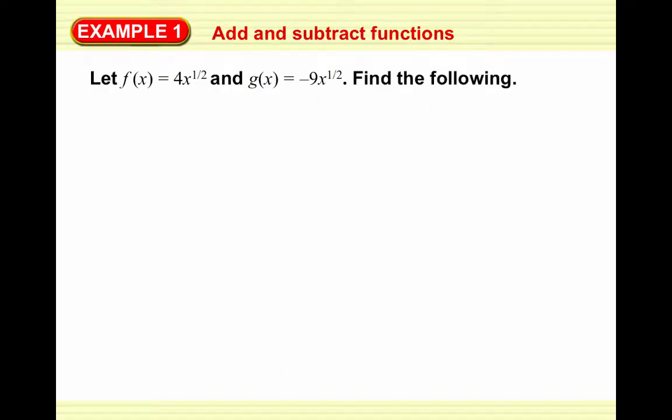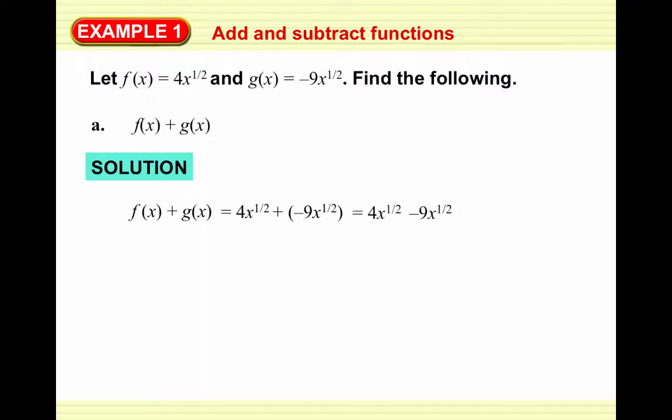Okay, so we're going to let f of x equal 4x to the 1/2, and g of x be negative 9 times x to the 1/2, and we're going to find the following. F of x plus g of x, and to do that, we just add the two function rules together. So 4x to the 1/2 plus negative 9x to the 1/2.